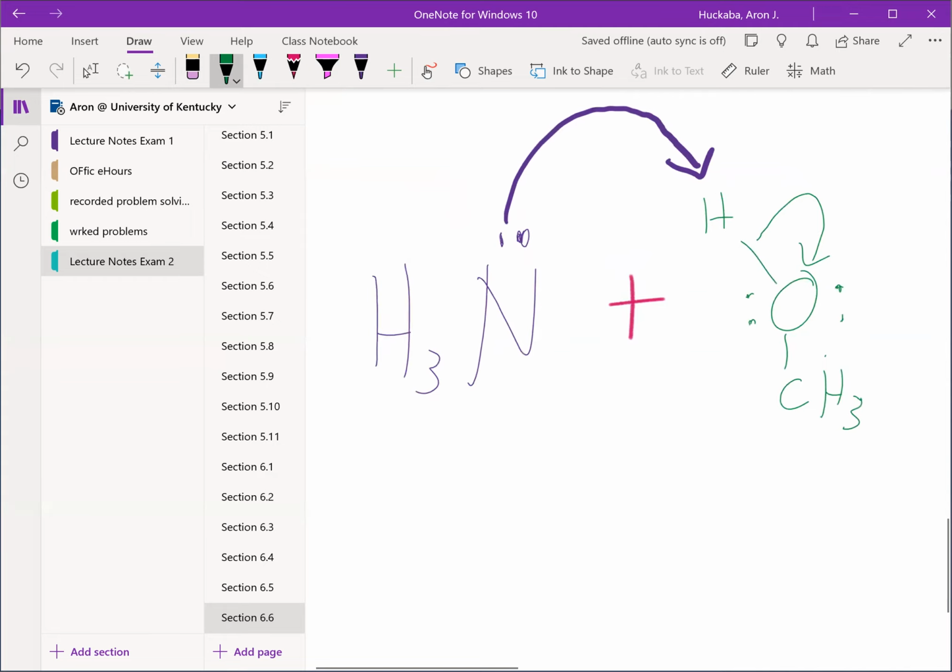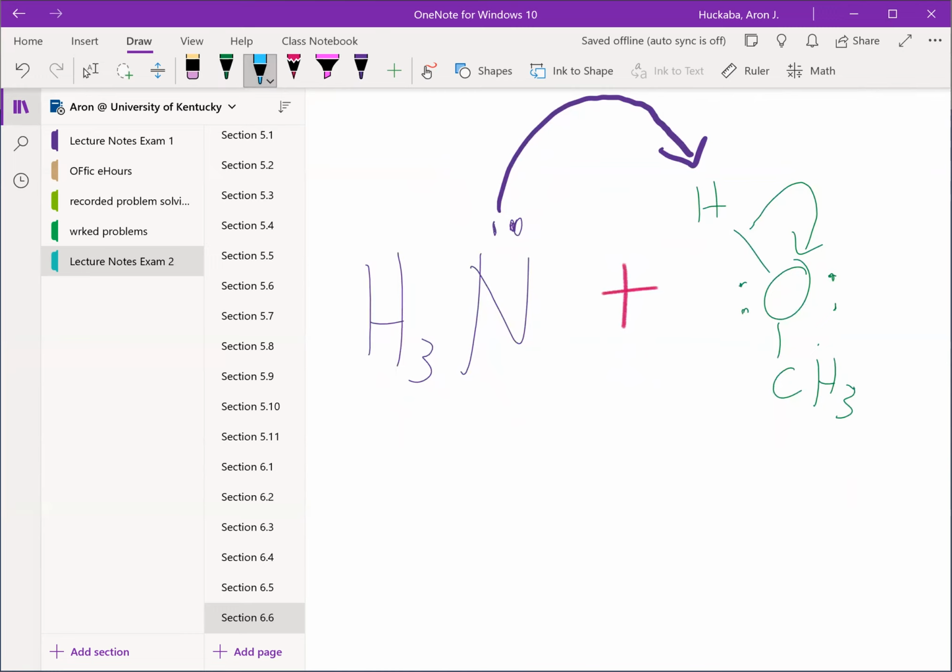And if you could display this reaction using a potential energy diagram, you would see the reactants here, some activation energy to make a transition state that eventually ends in a product, right?